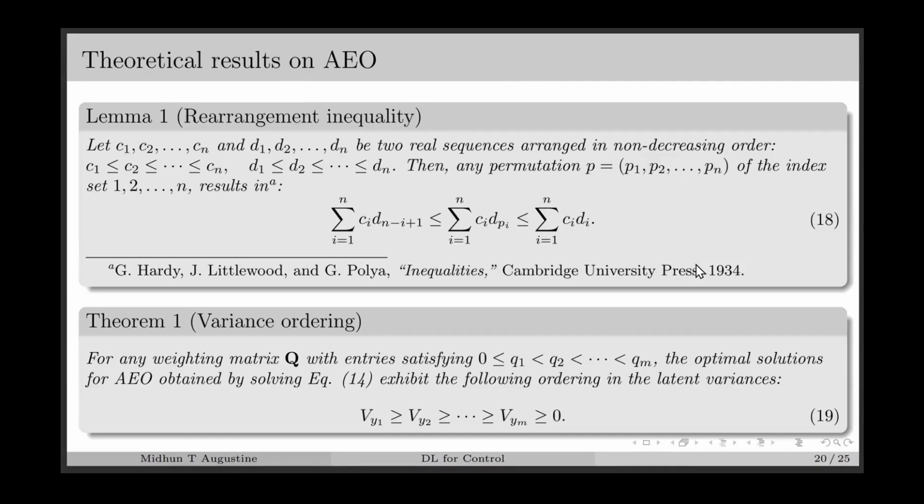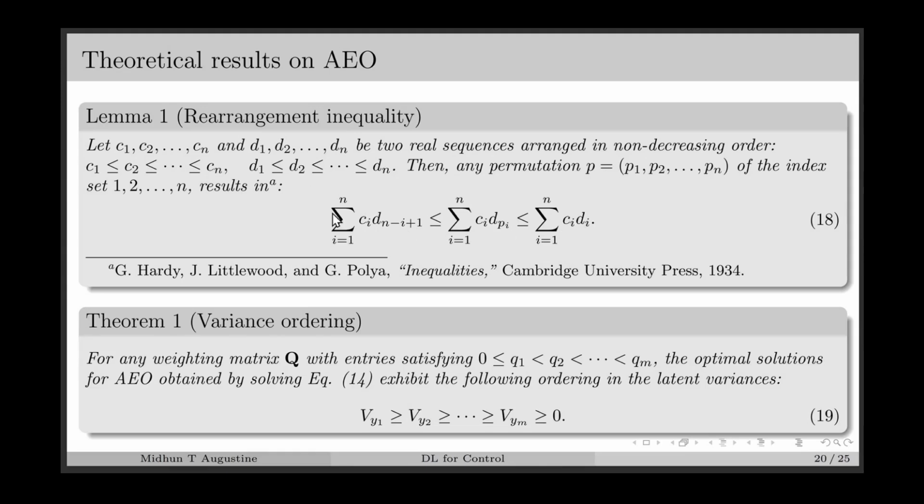Now, in the case of AEO, we can prove that the latent variances can be arranged in decreasing order of variance. For that, we can use a rearrangement inequality, which says that if we have two sequences arranged in non-decreasing order, then the product will be maximum if we multiply them in the same order, in other words, if both are in increasing direction.